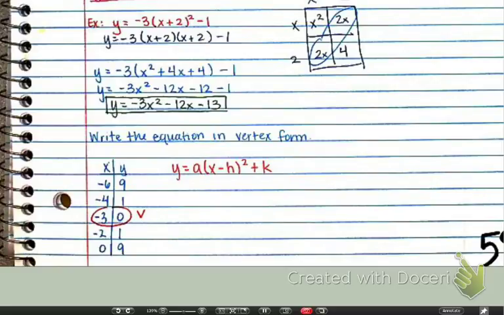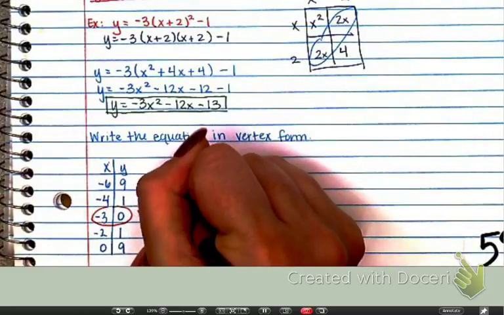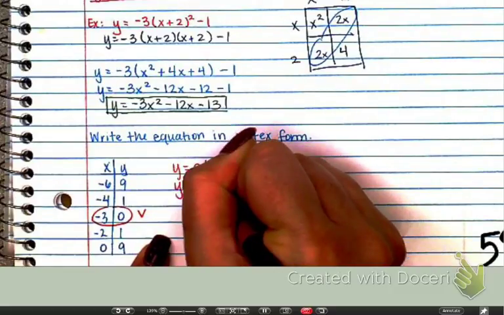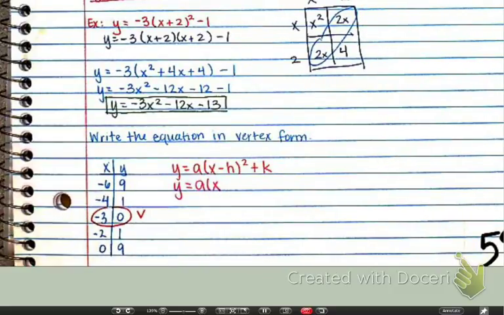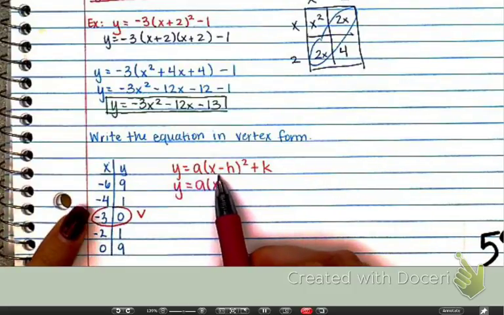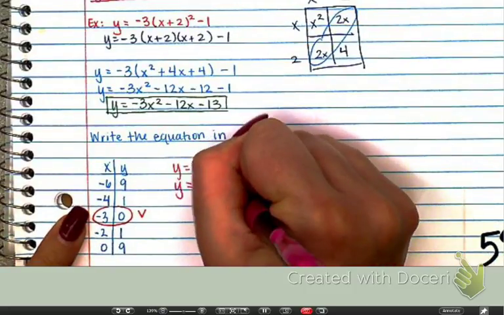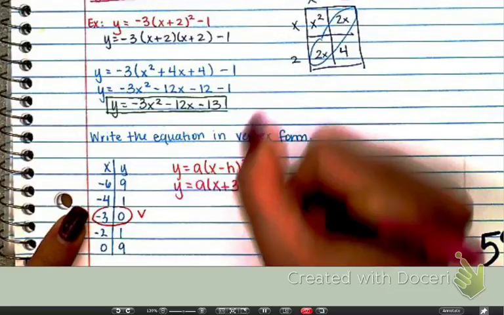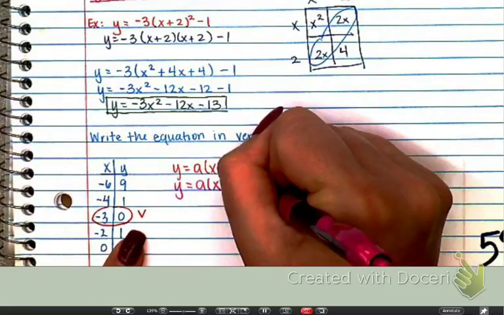H and K. Your vertex is H and K. So y equals a times x. Now, just like when we take h out, we take the opposite sign. When you put it back in, you do the opposite. So if this is a negative, it becomes positive, which should make sense because negative times -3 is a positive 3. And then k stays the same.